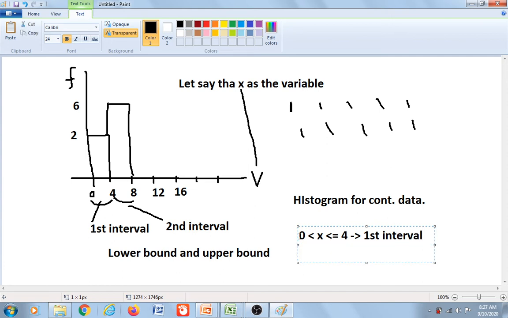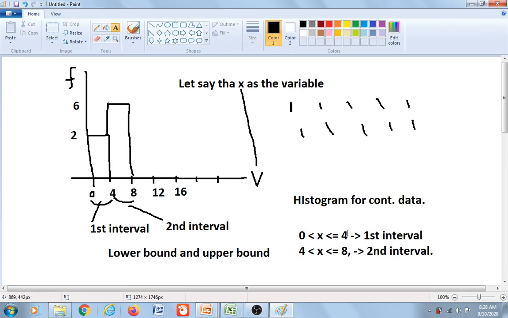What is your interval number 2? Your interval number 2 is 4 less than x and x less than or equal to 8. This is your second interval. And see that if we have number 4 as our observation, by using the notation of interval like this, 4 will not be counted twice in the frequency.